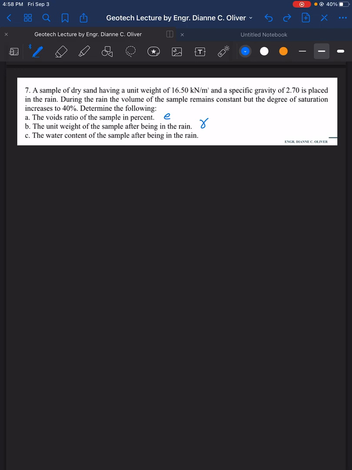So S there is 0.40. So what we're dealing with here is a gamma moist. So it's a gamma moist, not a gamma sat, due to the clue there that saturation is 40%. Next, for letter C, we are looking for the water content of the soil sample after being in the rain.